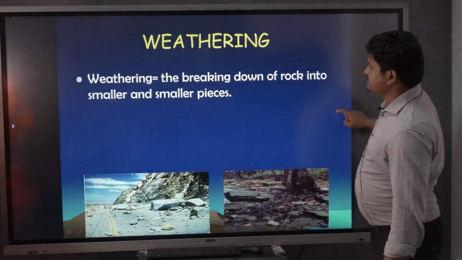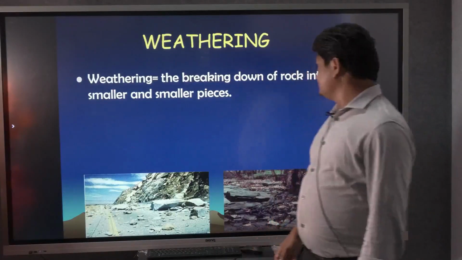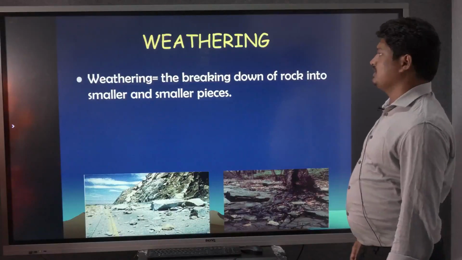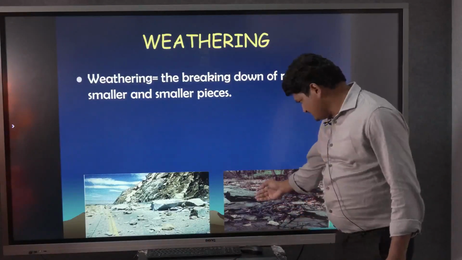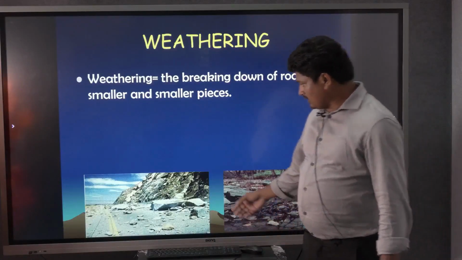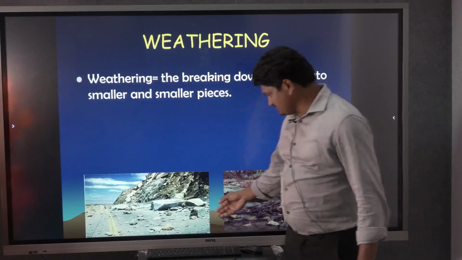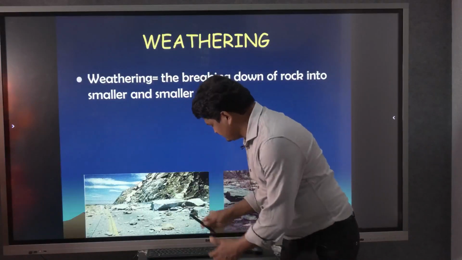The general definition of weathering is the breakdown of rock into smaller and smaller pieces. These diagrams will show this very clearly. In hilly stations, in the downstream direction, we see a few rock pieces.